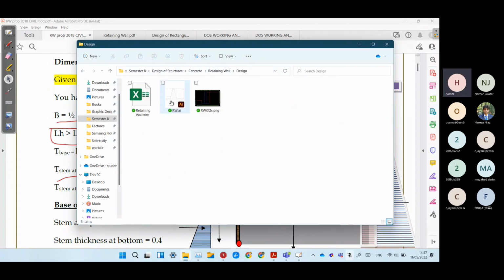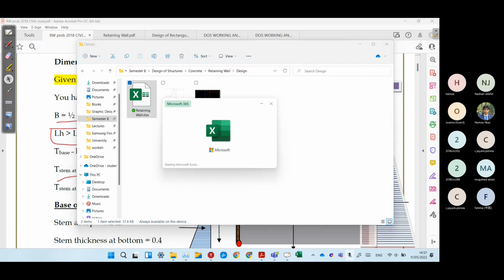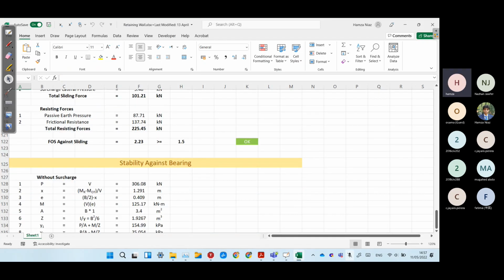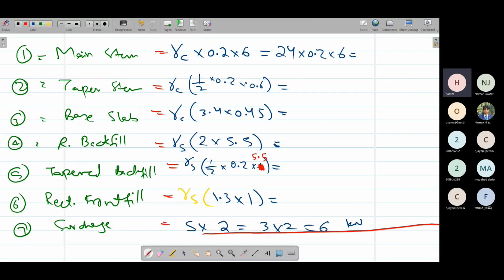After calculating these rectangular forces, we have to sum them. First we have to sum without surcharge. We take all these values and calculate the sum without surcharge.